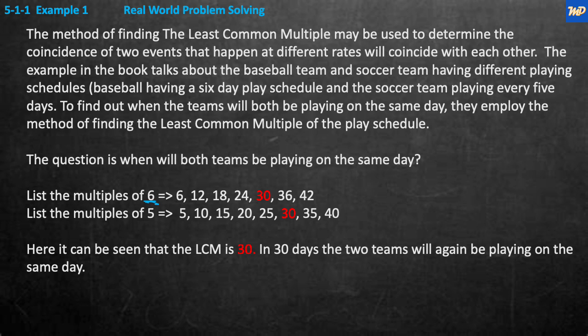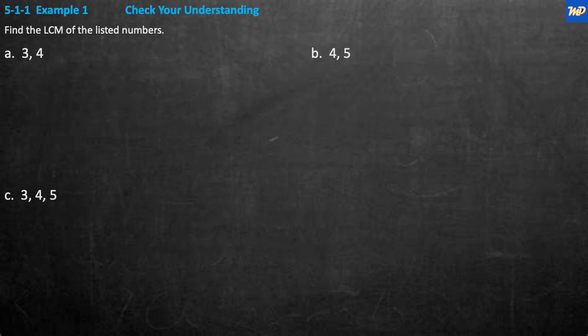Okay. So here it can be seen that the LCM is 30, the least common multiple. So in 30 days, the two teams will again be playing on the same day. And you can see there are no common multiples below 30. So every 30 days, those teams will coincide on the same day.